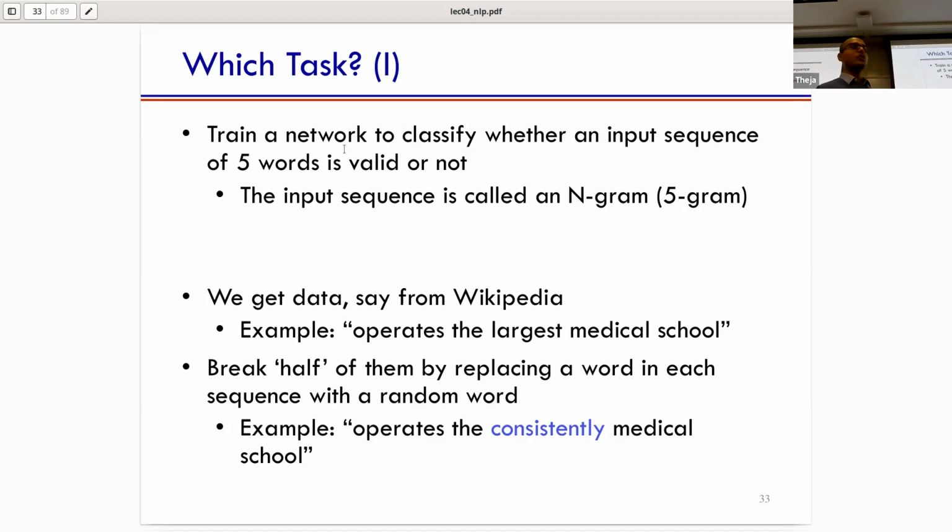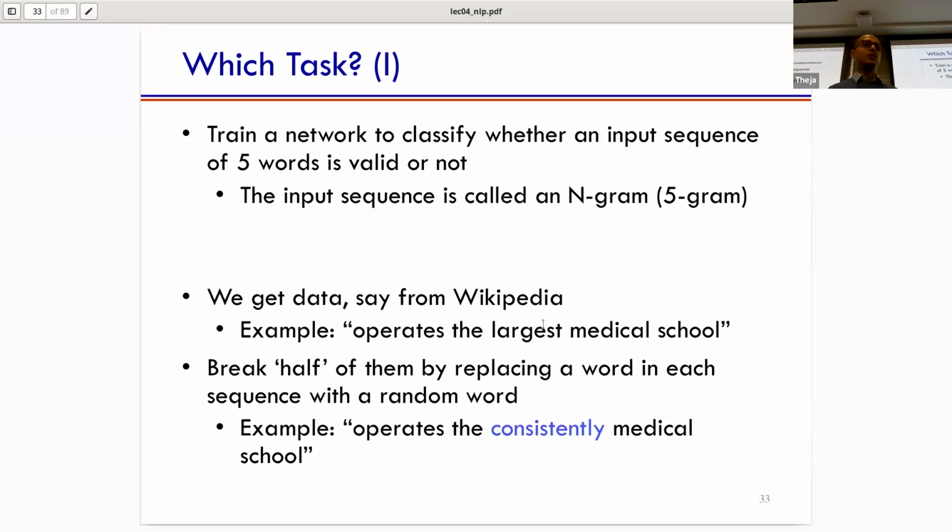An input sequence of any fixed number of words is called an n-gram. You might have seen this word somewhere. If not, it's okay. It basically means n corresponds to the number of words in that sequence. For example, you can collect sentences from Wikipedia and chop them into 5-word lengths, and say, okay, "operates the largest medical school" is a valid sentence, and if you mess with one of these words, then you'll get an invalid sentence.